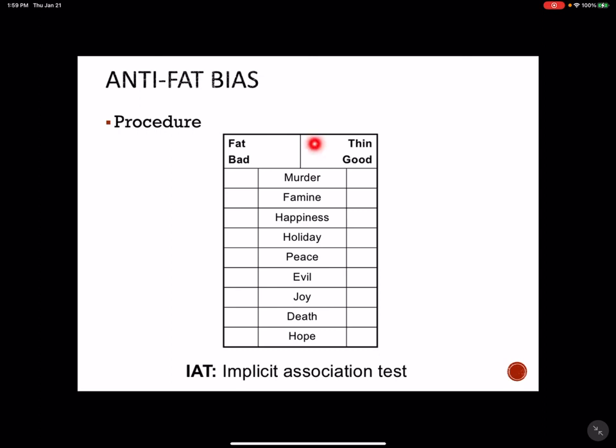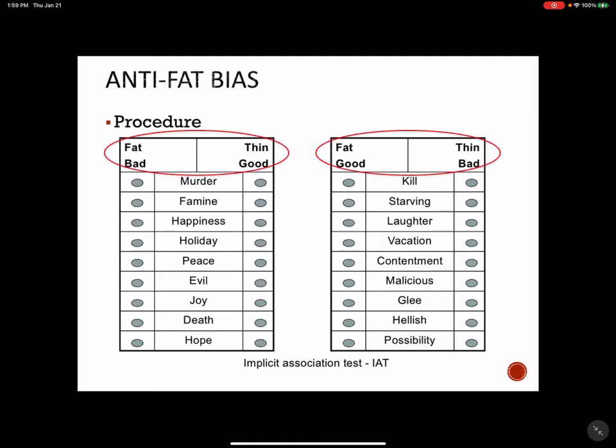Murder, we know is bad. Hope, we know is good. See, pretty easy, right? But there's a trick to it. And the trick is that participants were also given different questionnaires.